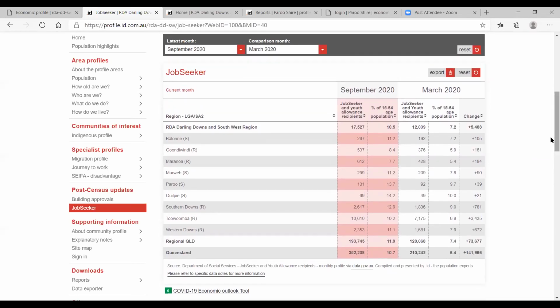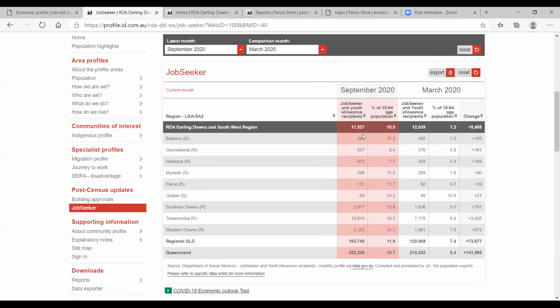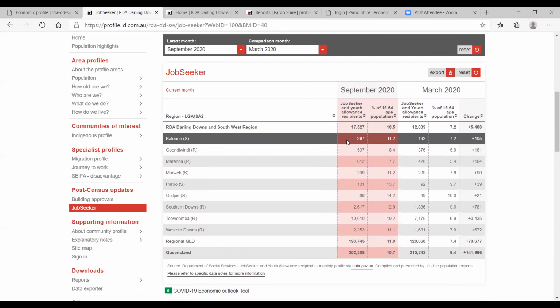So this is our job seeker information. As I mentioned before, it tells us our number of people that are on job seeker. We can see here in September 2020, we've got 297 people in Belong on job seeker or youth allowance. That's grown by 105 since March 2020.